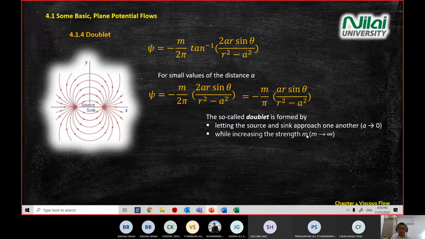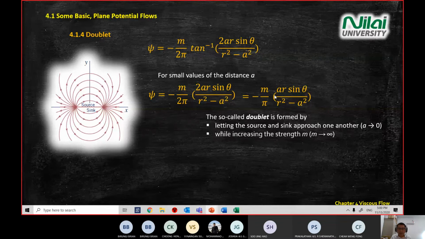And then the strength m, you increase toward infinity. The important point here is you increase the m value in the equation, and because the source and sink are very near, a you can take to near 0.